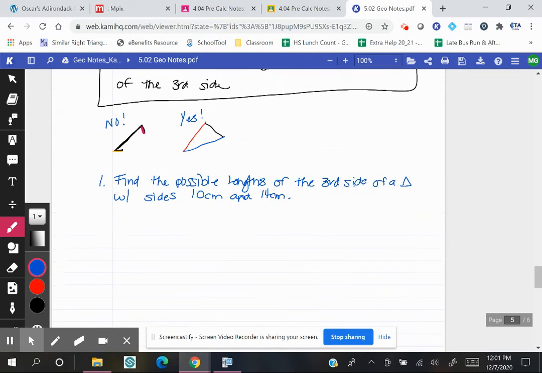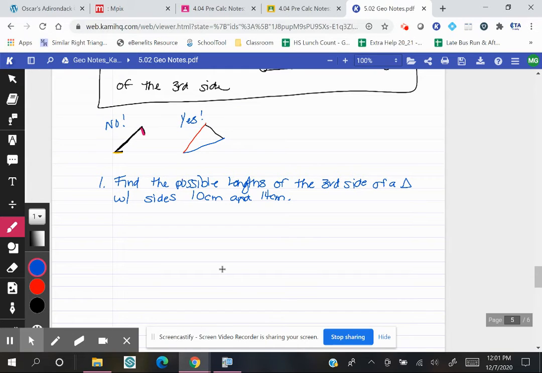Let's use this new rule to figure out the possible side lengths we could have. It's not just going to be one answer, but there's a whole set of answers that we're going to get. So I know the two sides are 10 and 14.